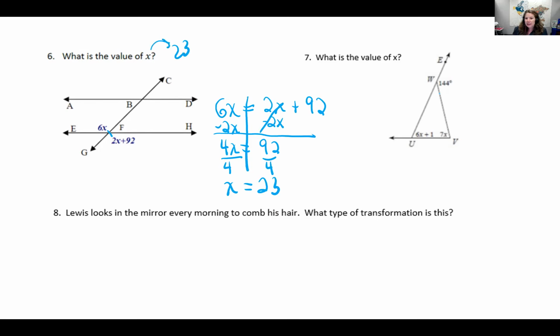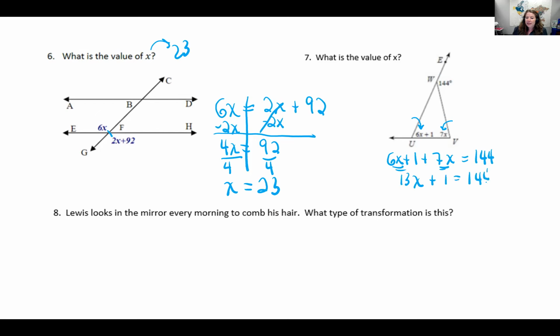Number 7, we have an exterior angle. So we know the sum of the 2 interior angles is equal to that exterior angle. We add those 2 interior angles together: 6x plus 1 plus 7x has to equal 144. Combine like terms, so we get 13x plus 1 is 144.